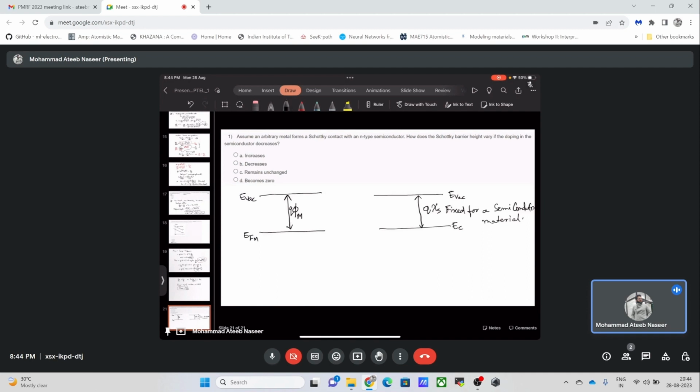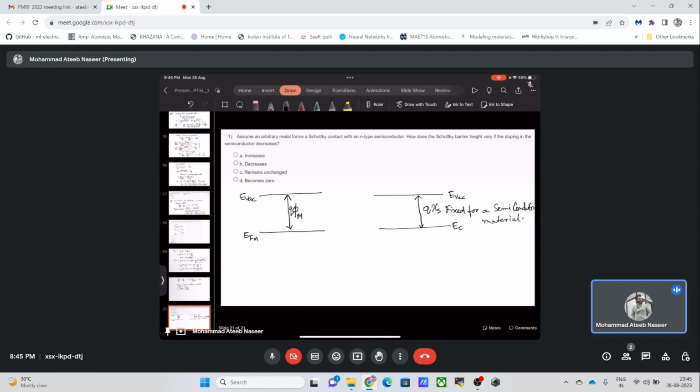For example, there will be lattice mismatch at the interfaces that might lead to an expansion of the material at the edge, or at the interfaces, as a result of which there might be a change. Otherwise, if we have just this semiconductor bar in its pristine form, this chi s should remain the same.